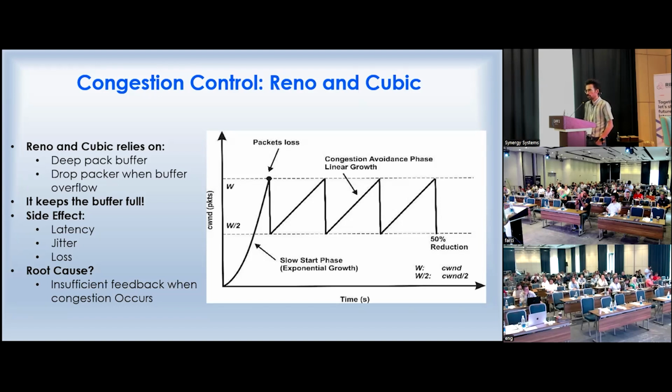And the real cause of the problem is the lack of feedback, insufficient feedback when congestion occurs. And you can see how it works. The packet loss happens due to insufficient feedback.